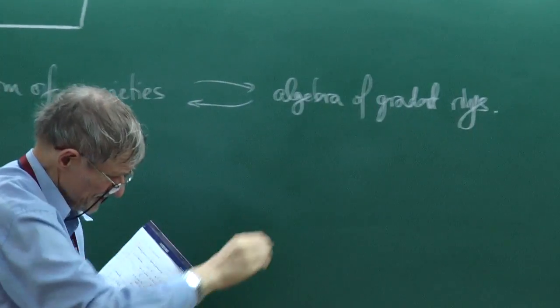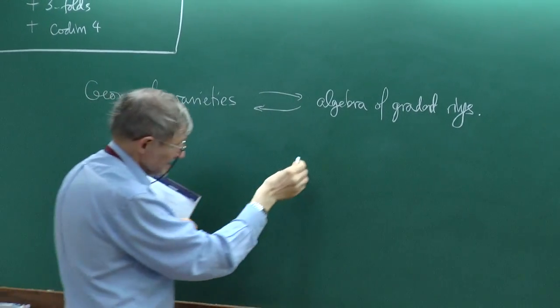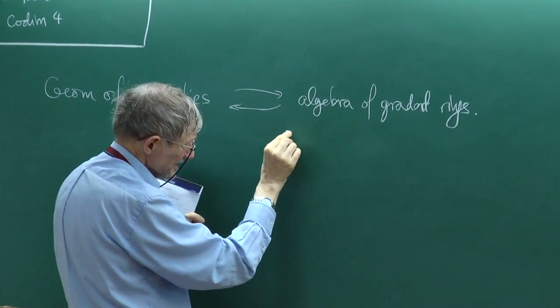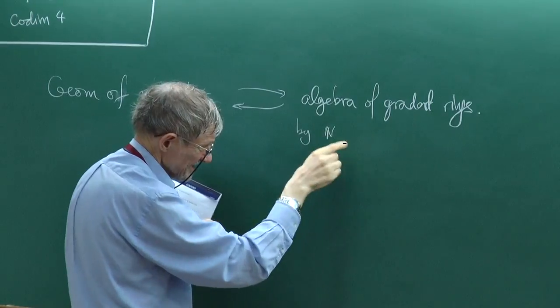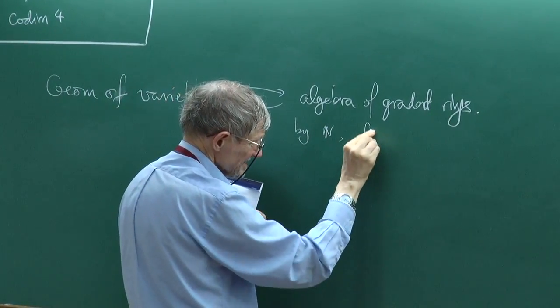My point of view here is basically the same as Professor Gurjar's yesterday afternoon. Graded means graded by n, so by positive integers, and finitely generated.